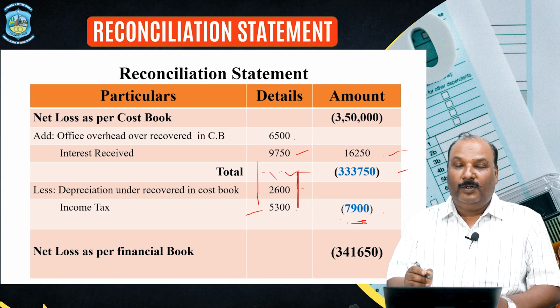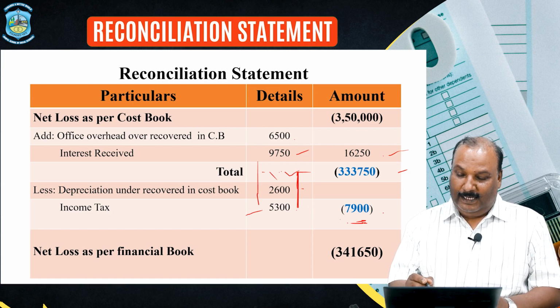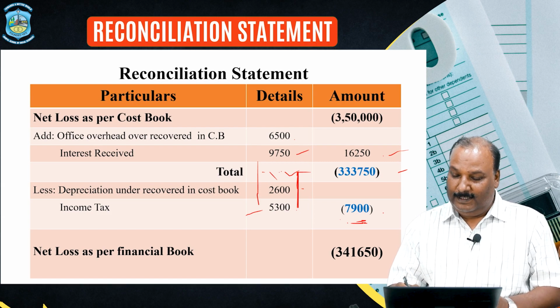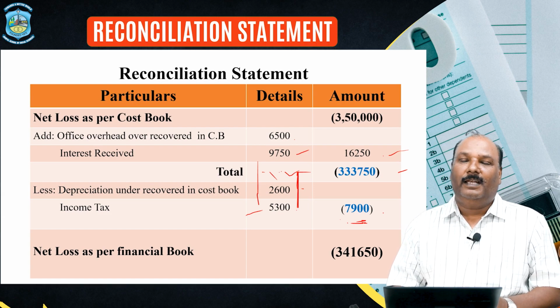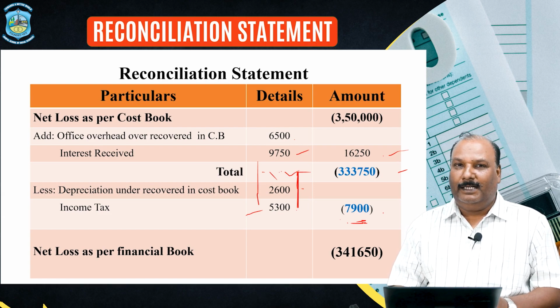The sum of 2,600 rupees and 5,300 rupees is 7,900 rupees, which I mention in brackets. It means this is the negative value, and according to mathematics, minus minus will be plus.